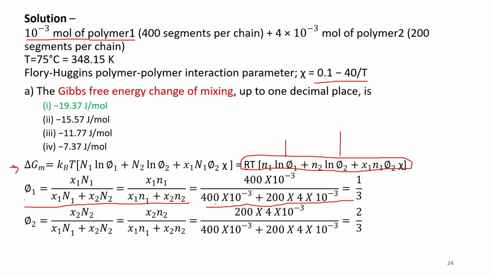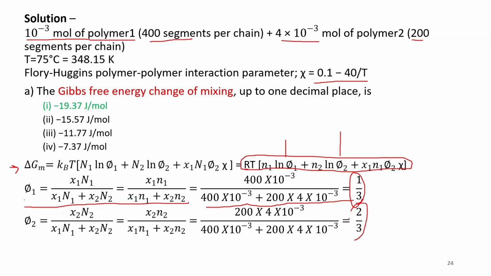So x1 is 400, N1 is 10 to the power minus 3, x2 is 200 segments, and N2 is 4 into 10 to the power minus 3. Putting these values in the formula, we get 1 by 3 as the volume fraction of polymer 1. For the volume fraction of polymer 2, we can take 1 minus phi 1, which is 1 minus 1 by 3, equals 2 by 3, right?